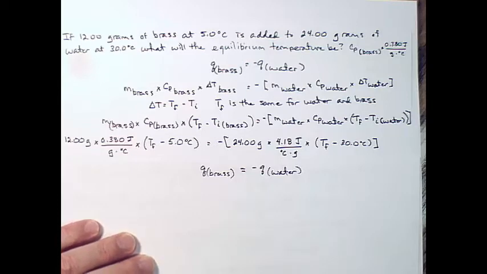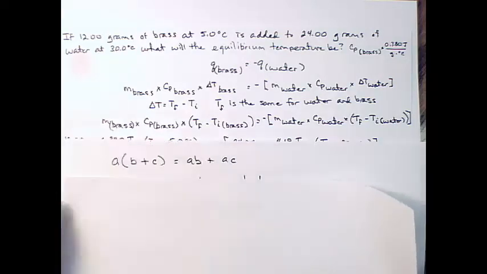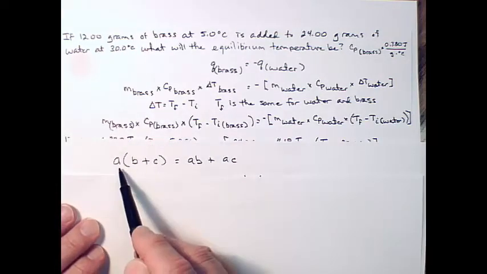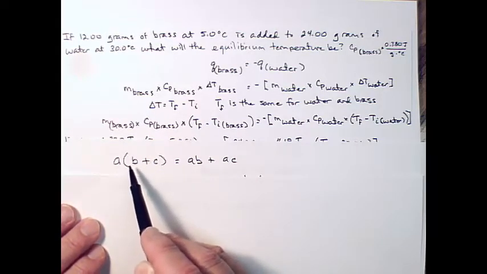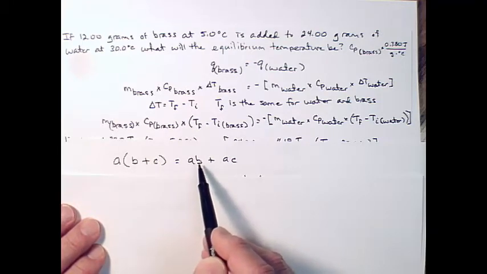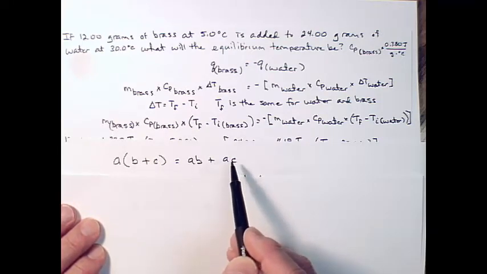Let's talk about what this distribution of terms means here. If I have something like A times (B plus C), the A is distributed to the B and the C. So A times (B plus C) is AB plus AC.